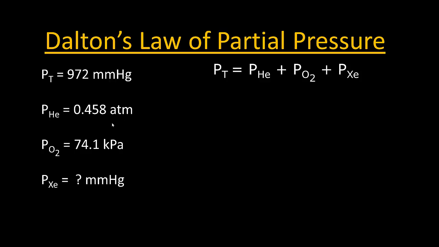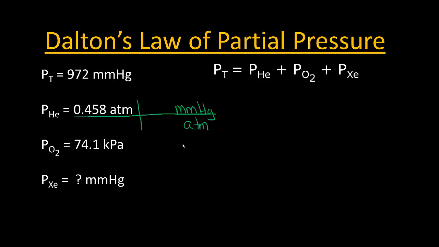Okay, so let's do that. I'm going to convert the helium pressure into millimeters of mercury. So I'm going to use my dimensional analysis. Whatever units I have on the upper left, I always put on the lower right. And what I'm converting to goes on the top. So I'm converting to millimeters of mercury.